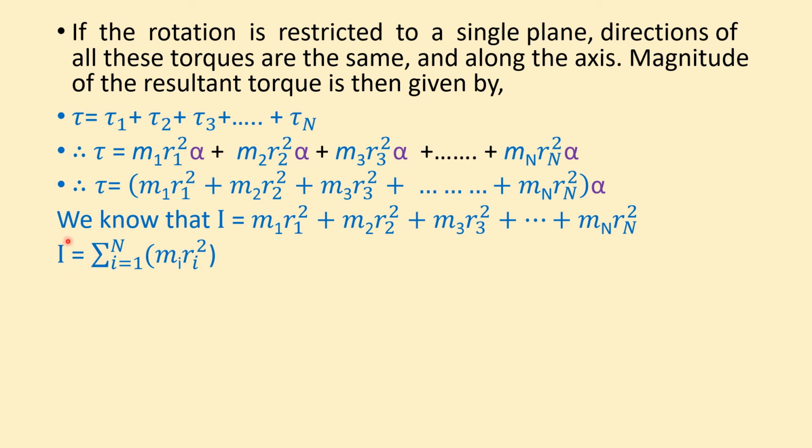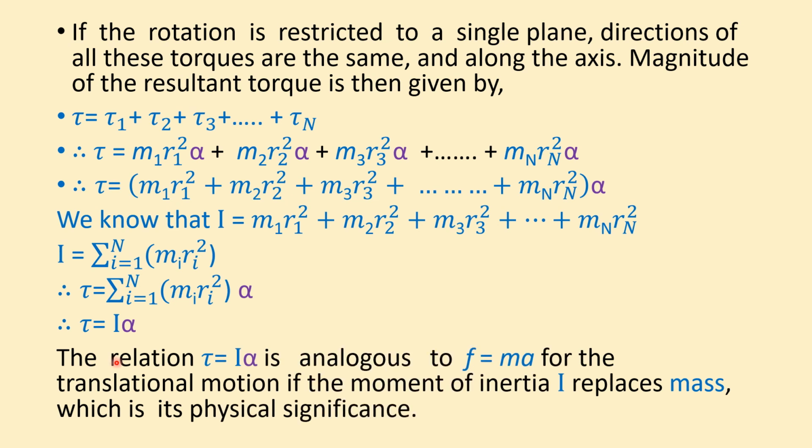Just substitute the value of I in the above equation, and hence the torque is nothing but the summation of mi ri square, where i goes from 1 to n, into alpha, and hence we can write the torque is equal to I into alpha. So this is the expression of the torque in terms of moment of inertia.